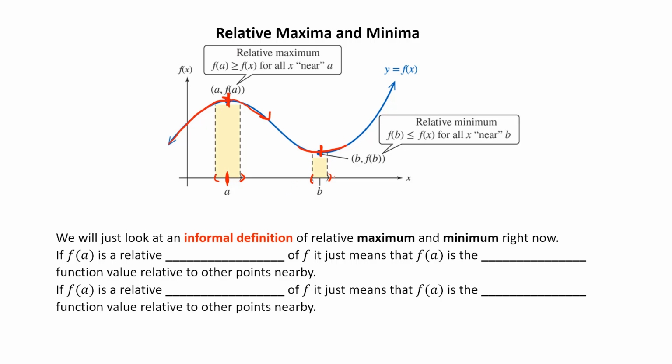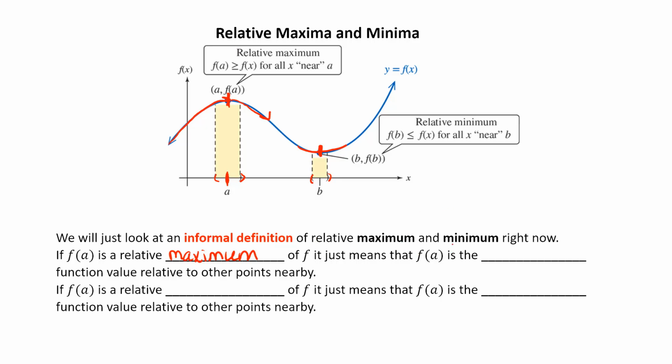All right, so when you're close to b on the x-axis, this value of the function is the lowest value. So f of b is less than or equal to f of x, the other function values near b, when x is near b. So informally, the definition of a relative maximum and minimum is that f of a is a relative maximum of f.